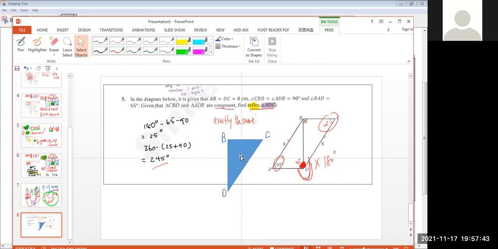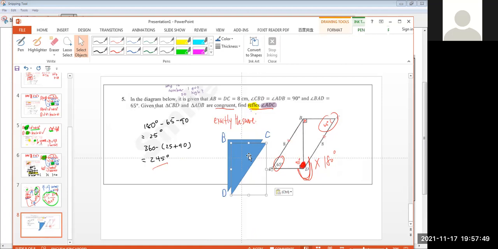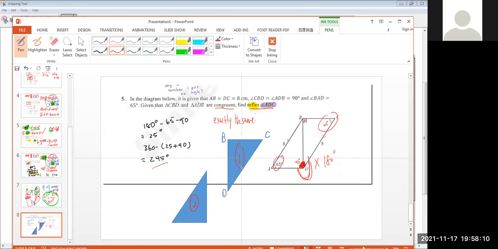I need to create another one. When they say congruent, exactly the same means you just make an exact copy, but I just need to rotate it. So if this is my triangle 1, then this is my triangle 2. I copy my triangle 2 from triangle 1.